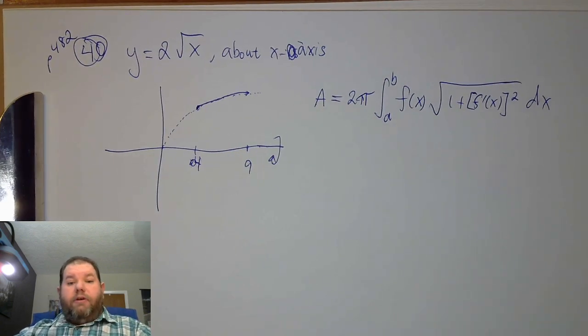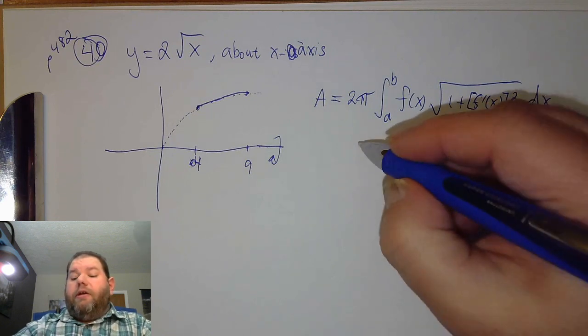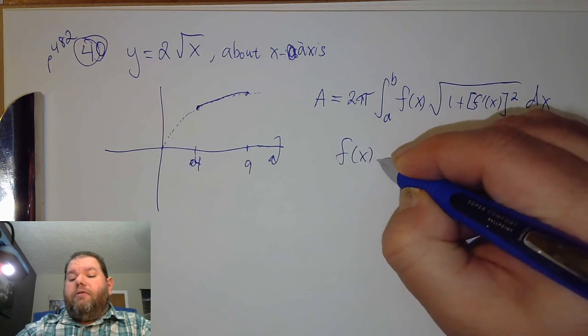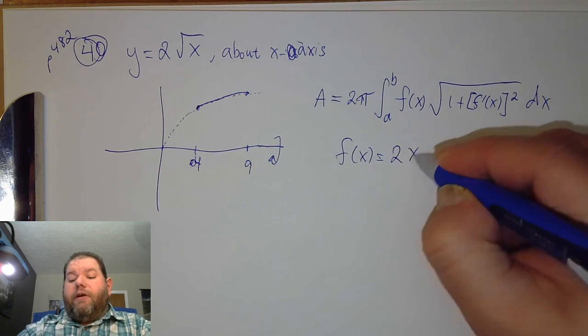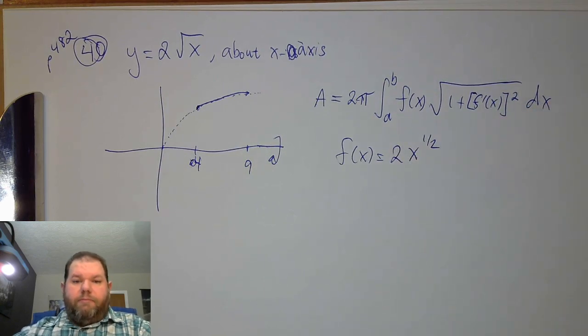So now, let's go ahead and find f prime of x and square it so we can plug it into the formula there. Now f of x, since we have 2 root x, we could say that's 2x to the 1/2, just for simplicity's sake.